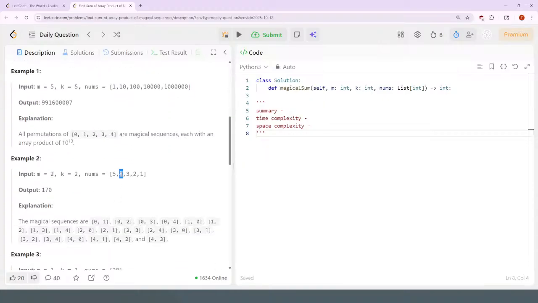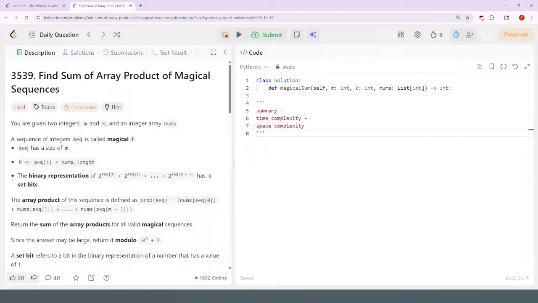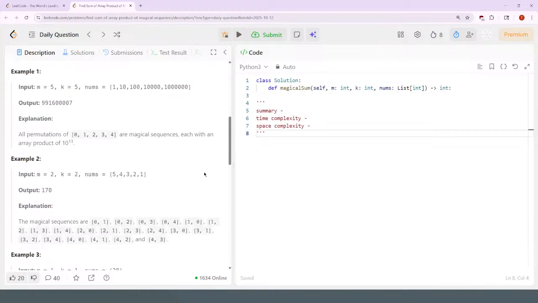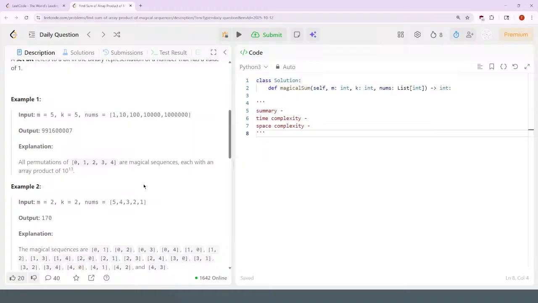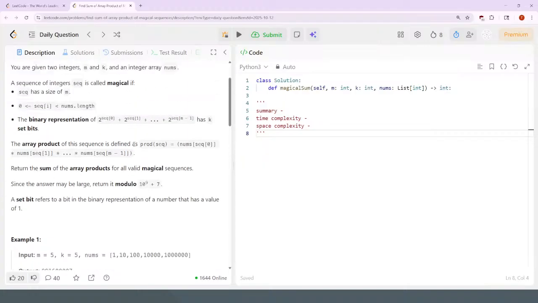So 5, 4. And then k is 2, what is that? It has k set bits. So if I did 5 times 4, that's 20. 20 in binary form is... the array product of the sequence.